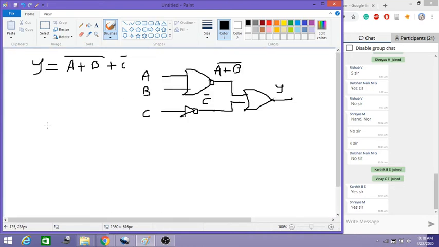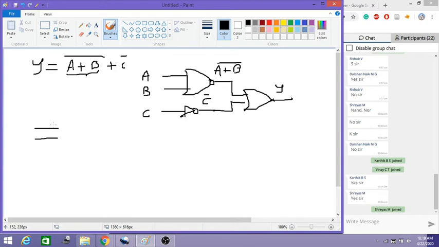Another method, if I want to use only basic gates: first I have to perform the OR operation. If my inputs are A and B, it will give me A plus B. Now I have to obtain (A plus B) bar, so pass it through a NOT gate. The NOT gate will give you the output (A plus B) whole bar.